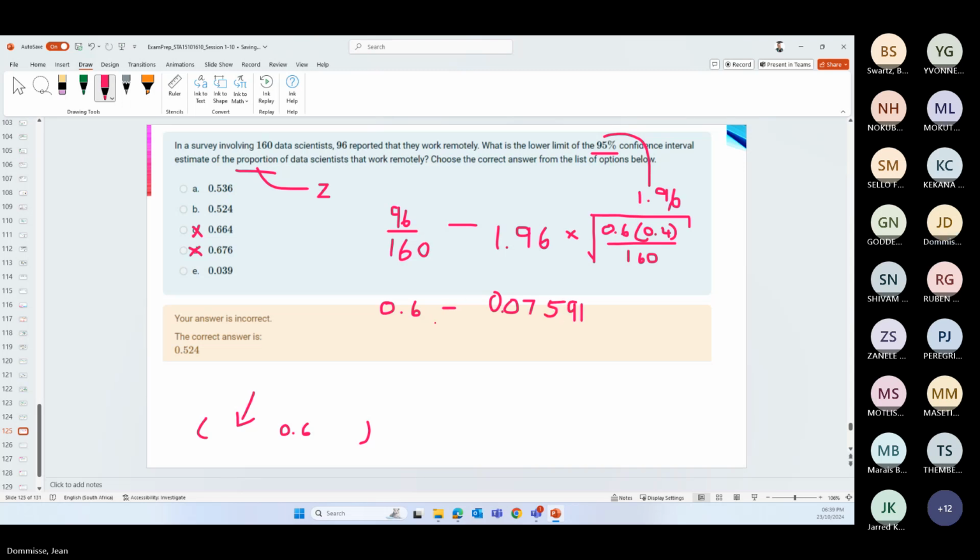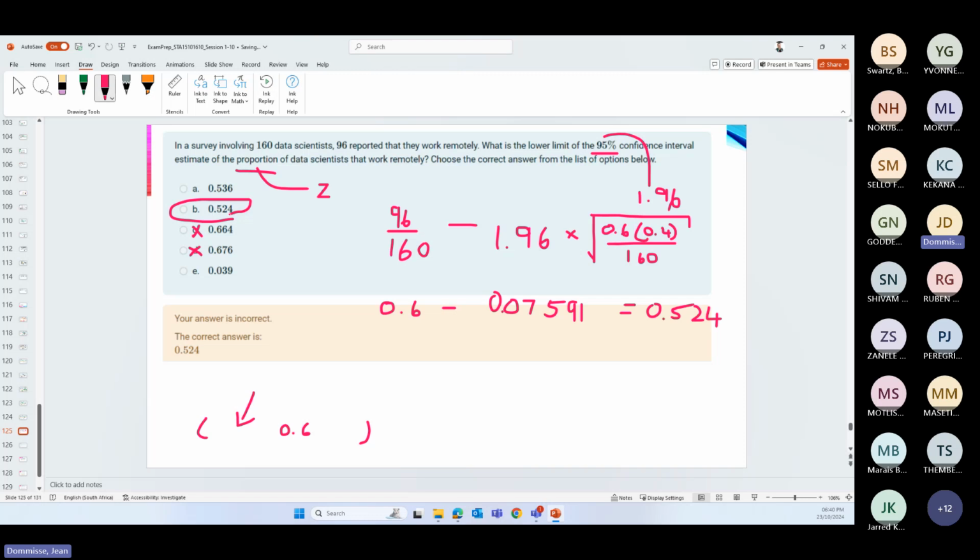If I subtract that, I get my answer as 0.5241, and I need to get to 3 decimals, so that will be equal to 0.524. And if we then look at the answer, it is option B. Okay, so this one very specifically, we needed to work out the proportion.